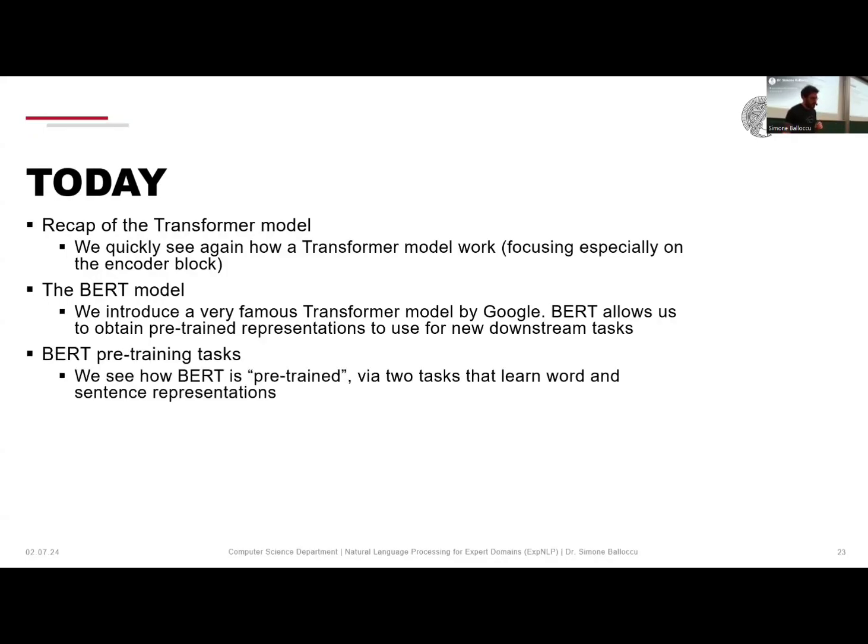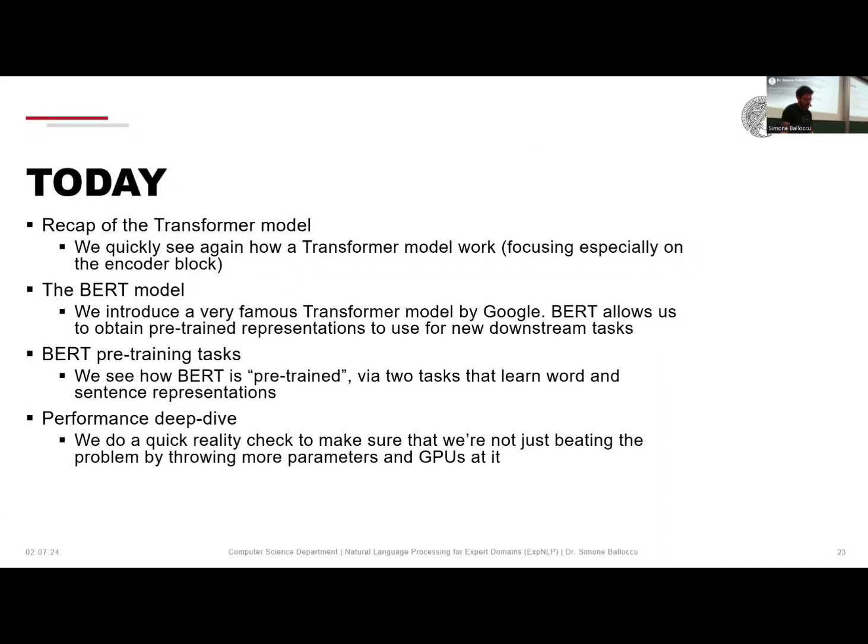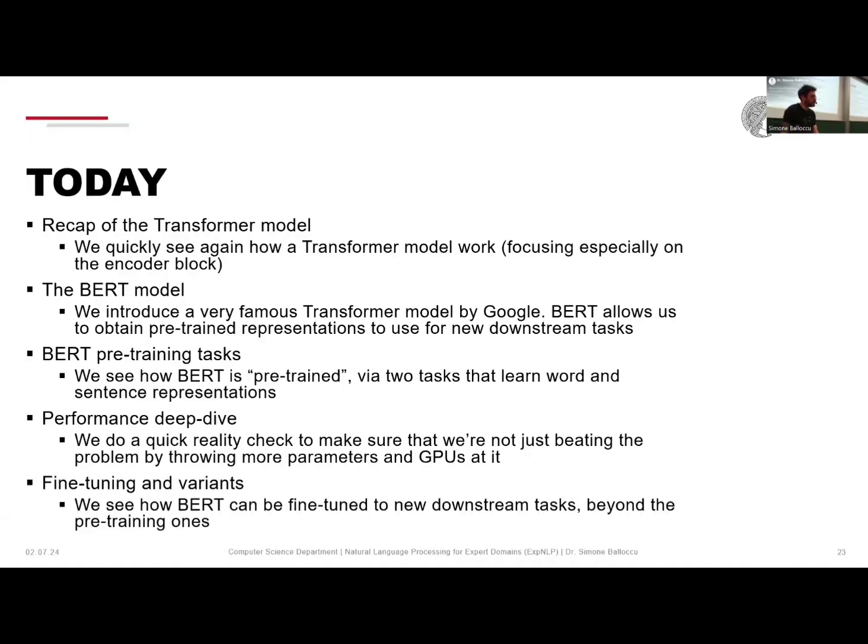And then we see pre-training tasks, so how BERT is pre-trained with two tasks that basically are both word and sentence representations. Then we see a performance deep dive. So what I just told you, a quick reality check to make sure that we're not just throwing more GPUs at the problem until it works. And finally, we see the fine-tuning, how we can fine-tune BERT beyond what it is trained on initially.